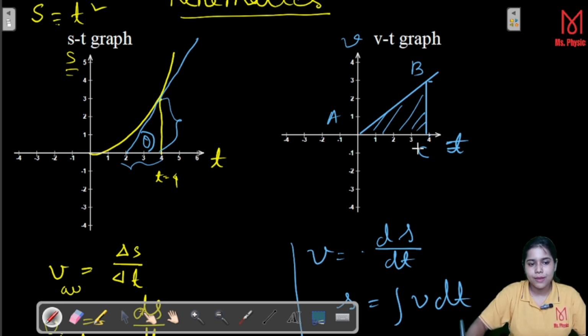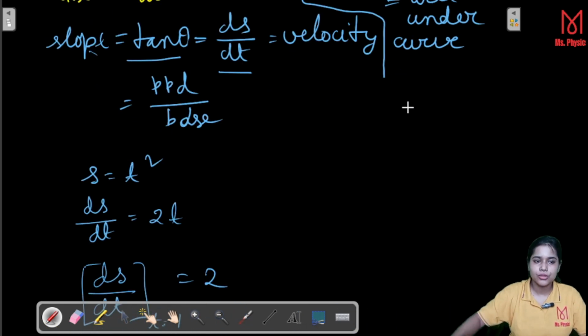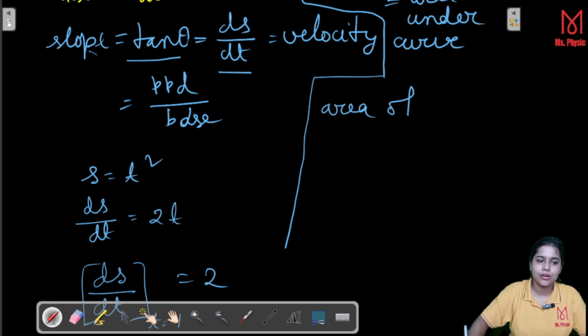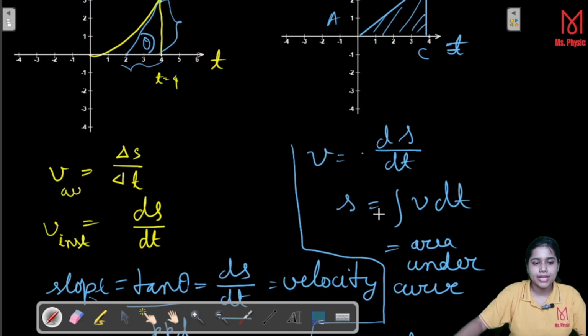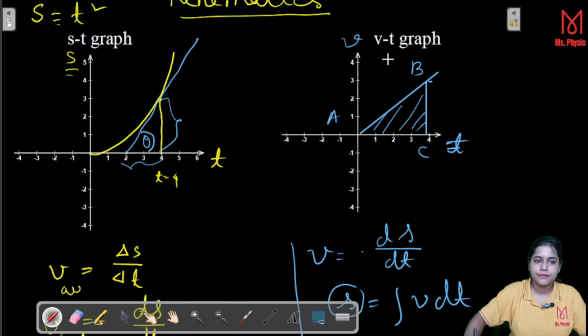So if you have to find out the area, then the formula, as you know, area of triangle ABC is equal to half multiplied by base multiplied by height. This is the way to find out the S for this kind of VT graph.